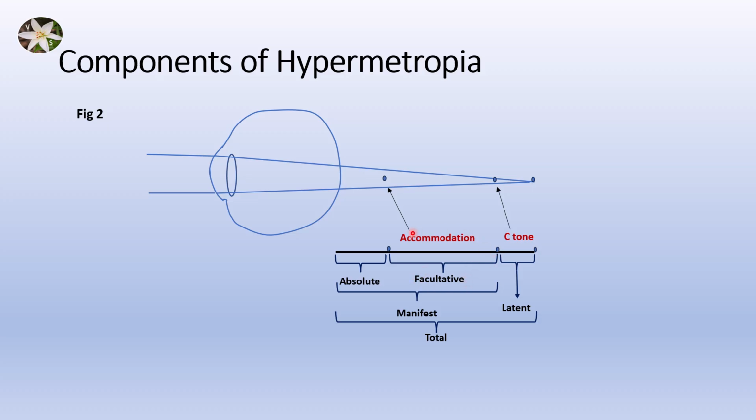Now, as this accommodation is strong in children, the facultative component of hypermetropia is high, and as the accommodation becomes weaker and weaker with advancing age, the facultative component becomes lesser and lesser, and more hypermetropia goes on becoming more obvious or goes on getting uncovered, and therefore it is easier in elderly population to prescribe the hypermetropic correction, and in younger population we have to make an extra effort to relax this accommodation.